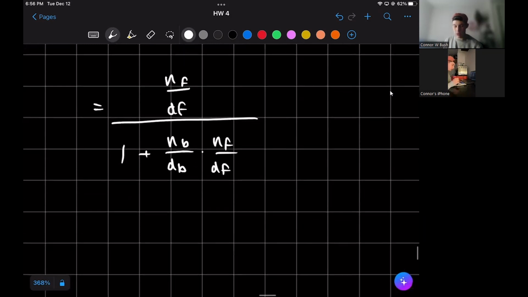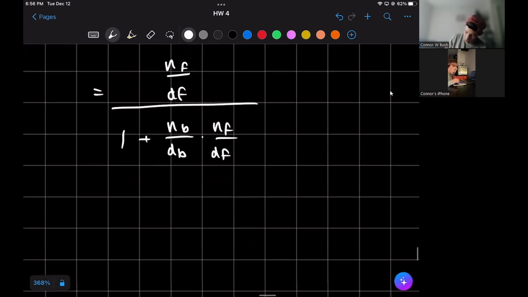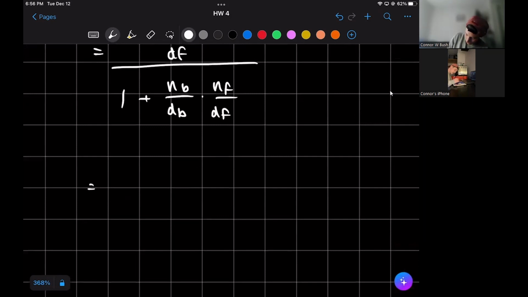So if we get our denominator to have a common denominator, we have NF over DF again. Sorry for this line situation. We're multiplying by DB DF over DB DF.